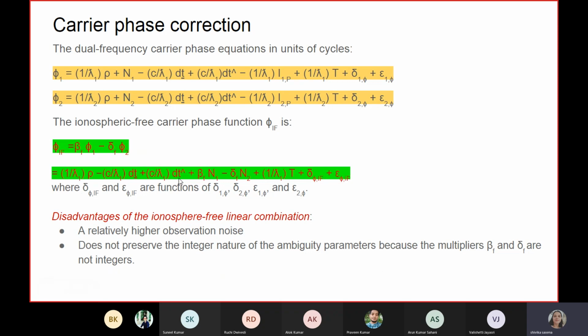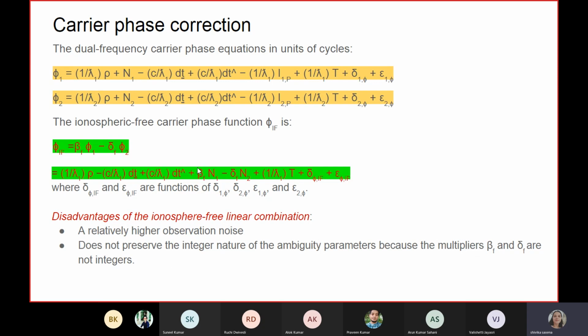Now here are some disadvantages of this linear combination. It relatively has high observation noise, since some multiplication factors are multiplied here. Most important, it does not preserve the integer nature of the ambiguity parameters because the multipliers beta f and delta f are not integers.